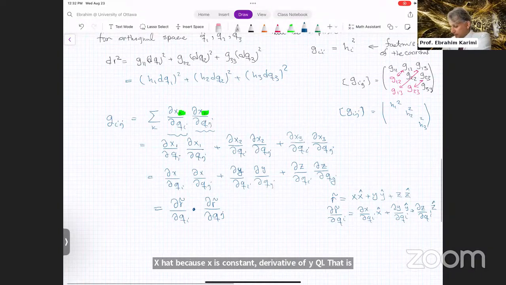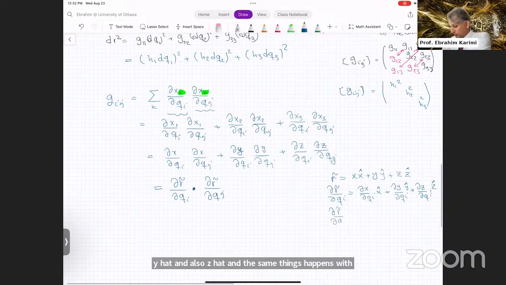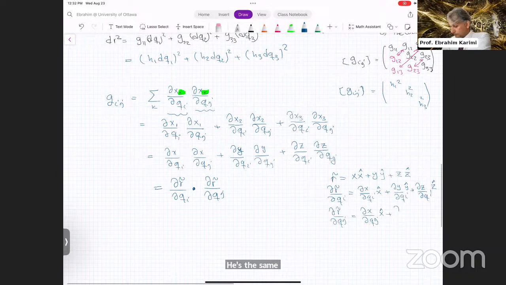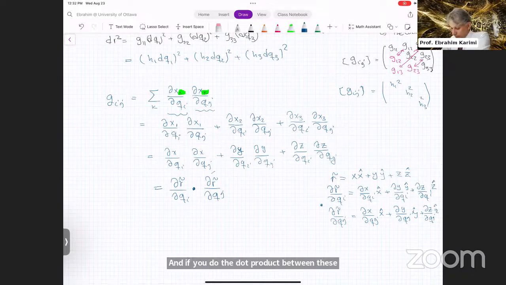And the same thing happens with the derivative of R with respect to Qj. And if you do the dot product between these two, you will get these terms.